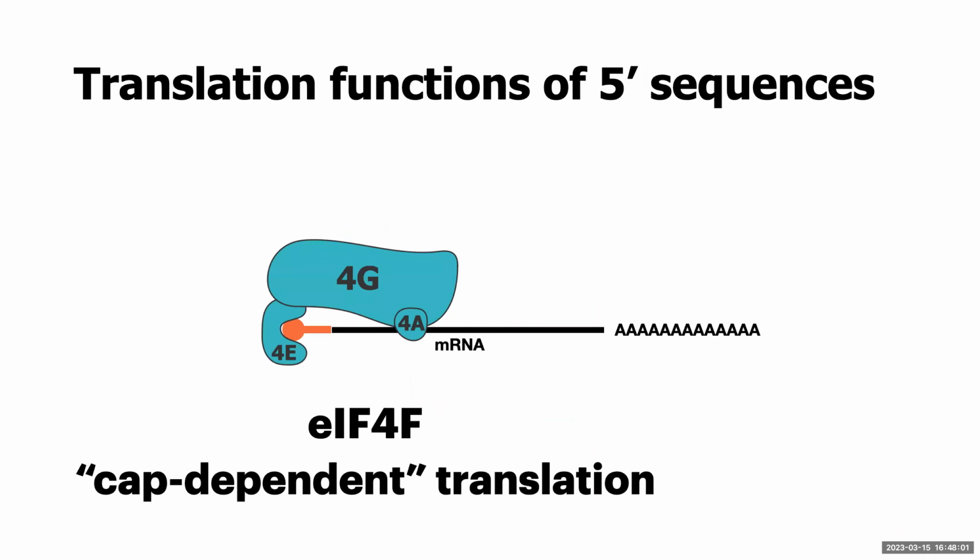So of course, the thing that we were really interested in is using this system to determine whether other 5' sequences had post-transcriptional functions. And the first thing we decided to test is whether we could identify any sequences with translation functions.